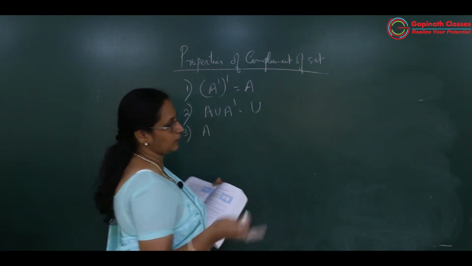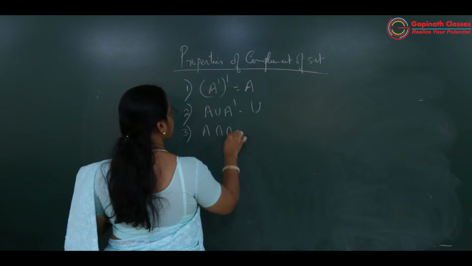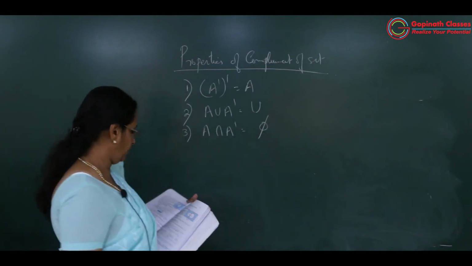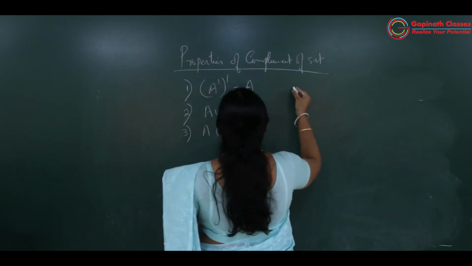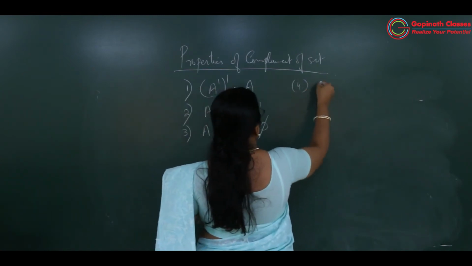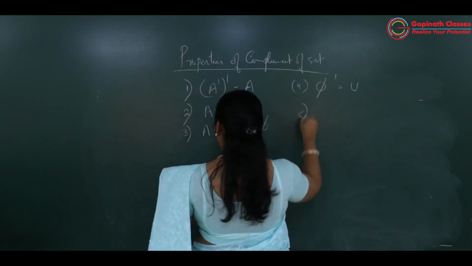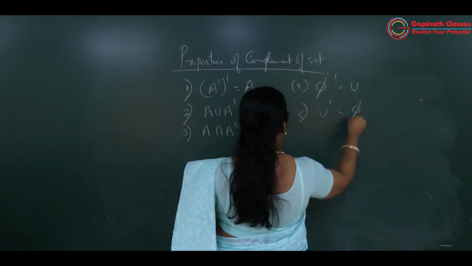So there is no common elements. So A intersection A complement will be nothing. So null set. Then we know its null set complement is U, and U complement is null set.